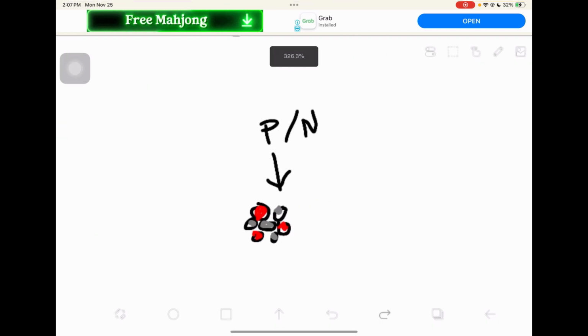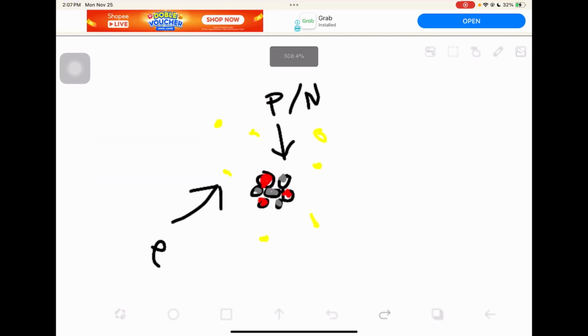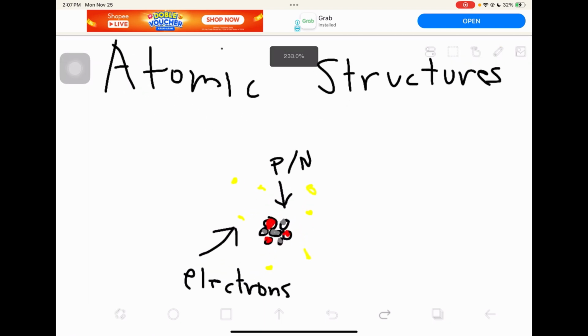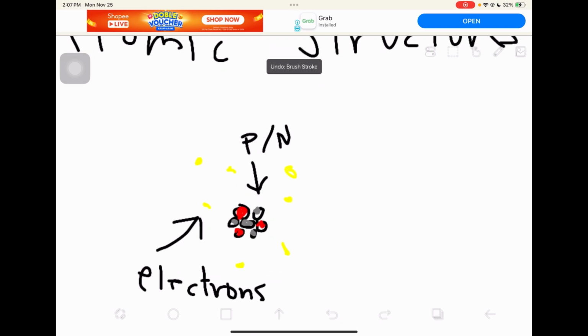However, unlike what the drawing suggests, it's actually more of an electron cloud. So these yellow dots, what I'm drawing now, are the electrons. Like I said, the electrons are kind of orbiting around this nucleus here.